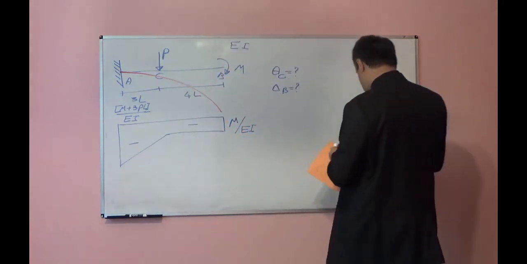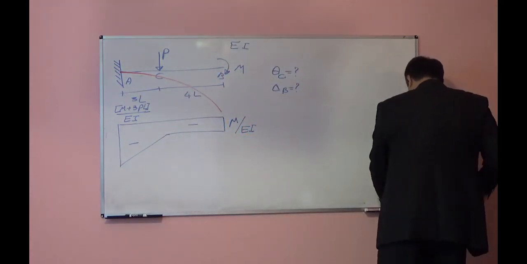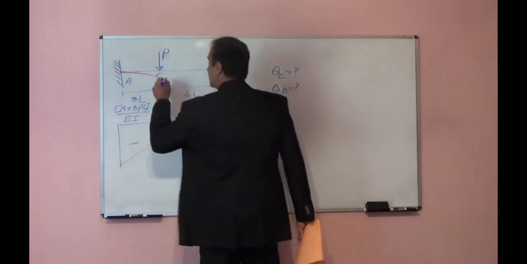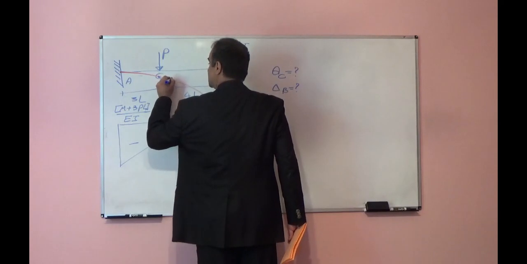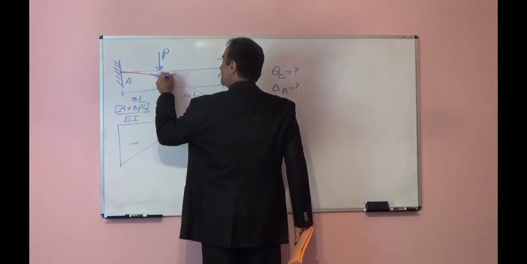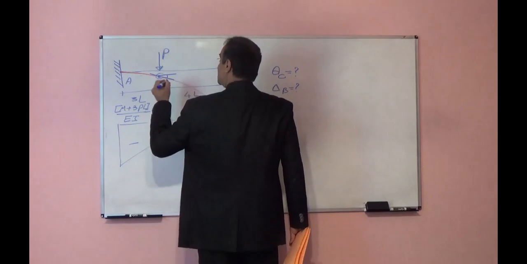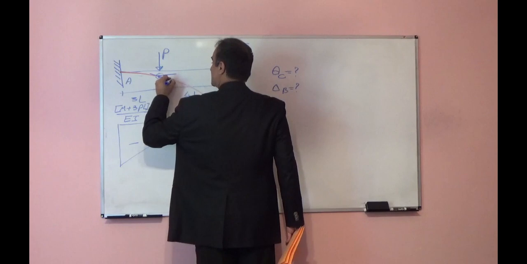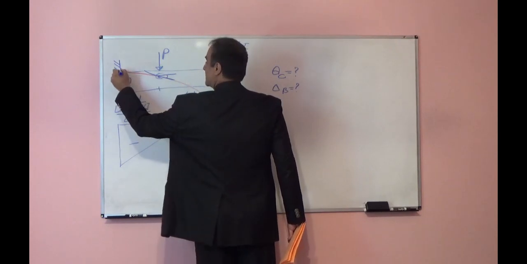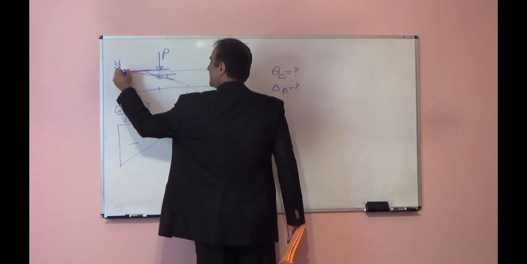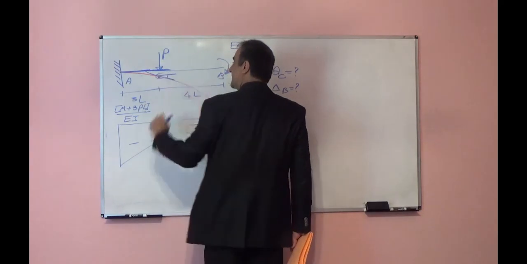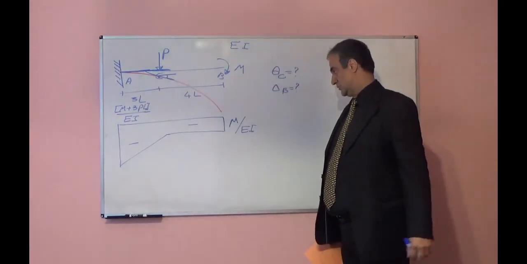This beam will deform like this, and if I draw a tangent to this deflected shape at point C, the tangent angle with the horizontal direction will be the same as if I drew a tangent at point C and a tangent at point A, because at point A it is a fixed support and the tangent at point A will be in the horizontal direction. These thetas will be equal.